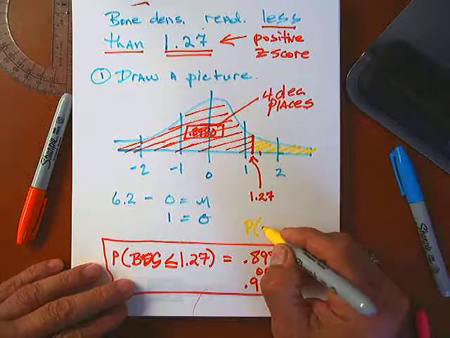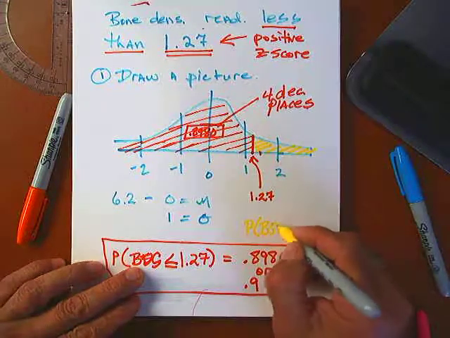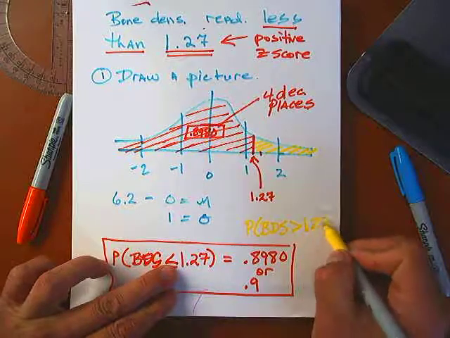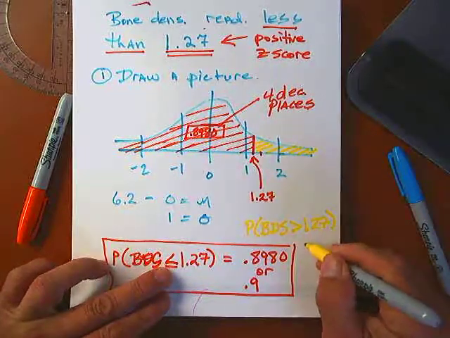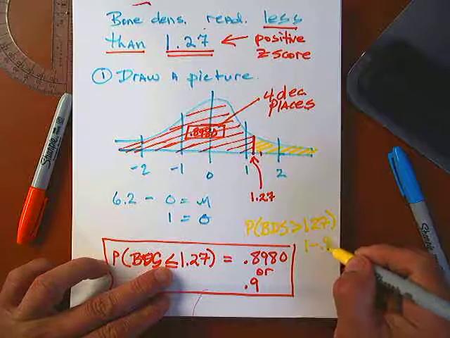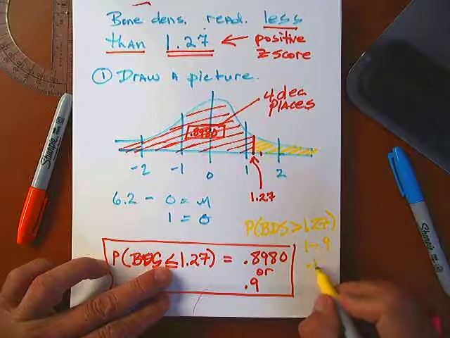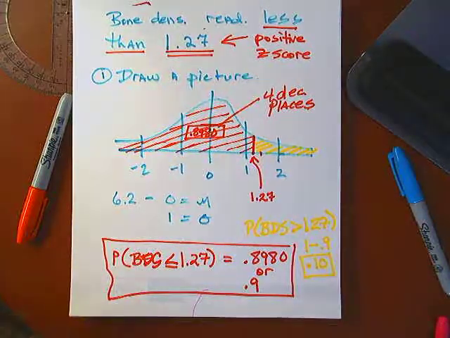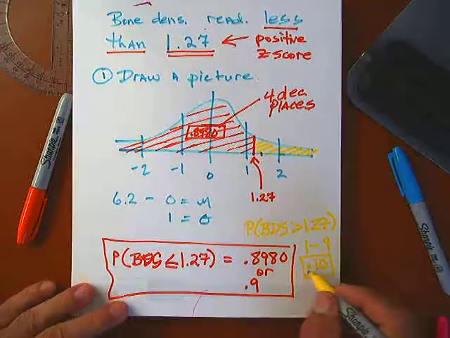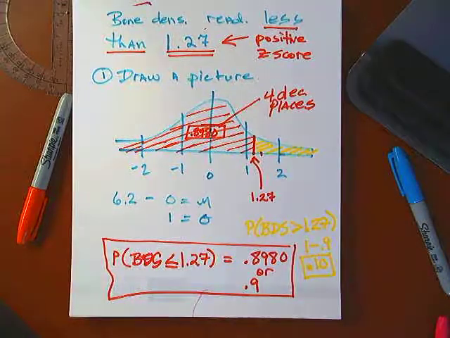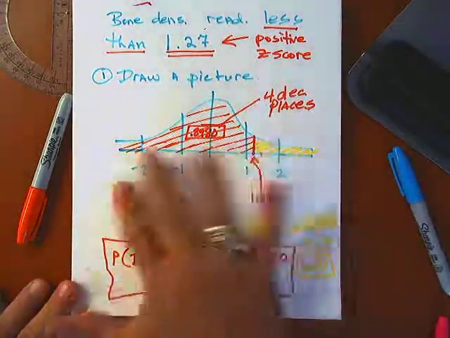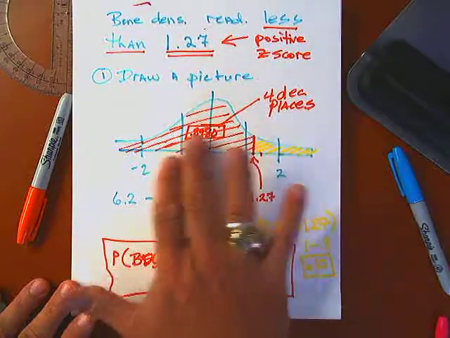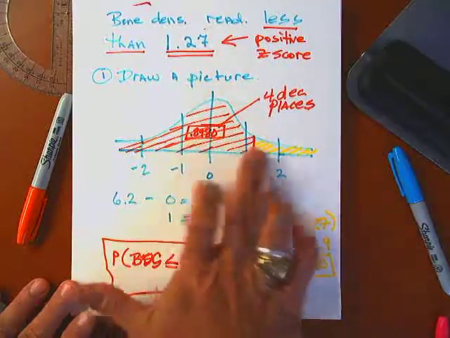I'll take my yellow highlighter and say, what is this probability right here of being greater? Well, the probability of the bone density score being greater than 1.27 is going to be equal to 1 minus 0.9, which is 0.10 or 0.1. Okay, so that's the complement.